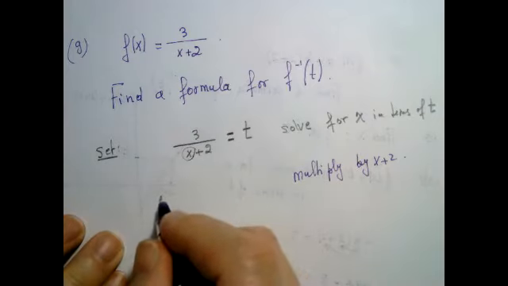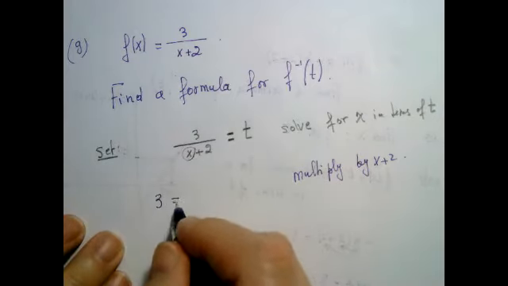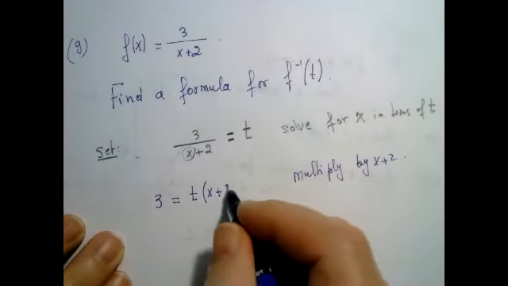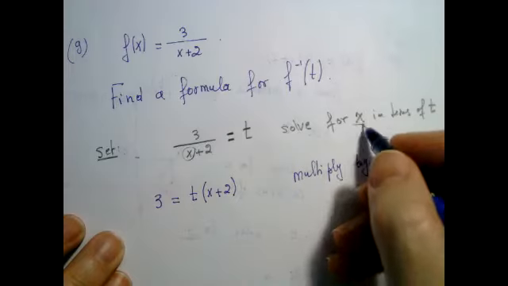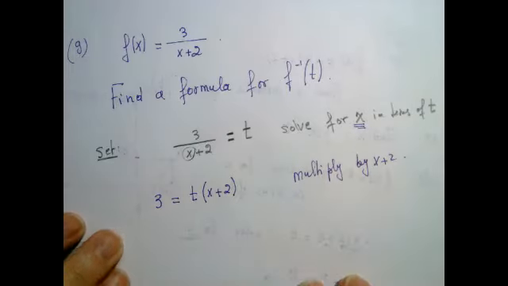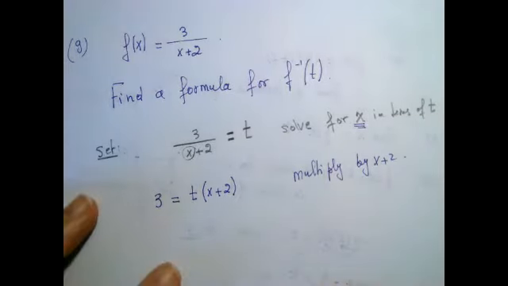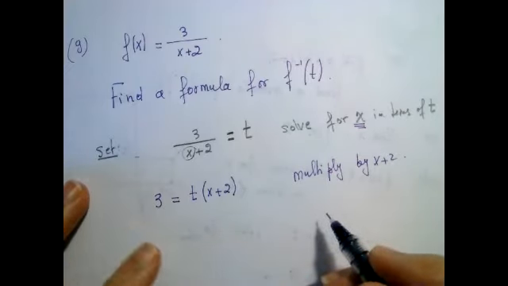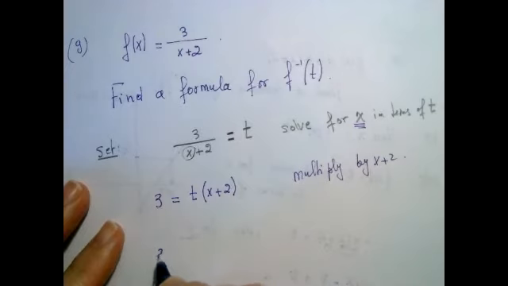This will give you 3 equals t times x plus 2. Right. Remember, I'm solving for x. Somehow I need to isolate x. What shall I do after that? First, we have 3 equals tx plus, oh no, that doesn't isolate it.